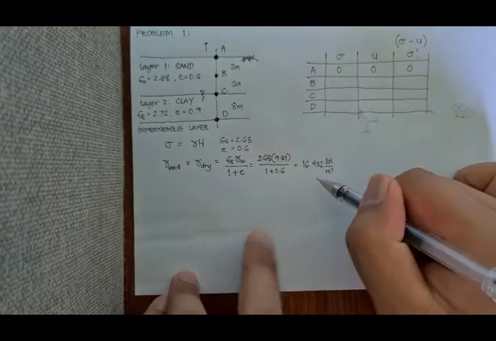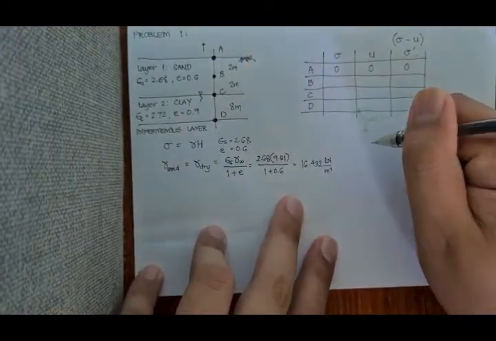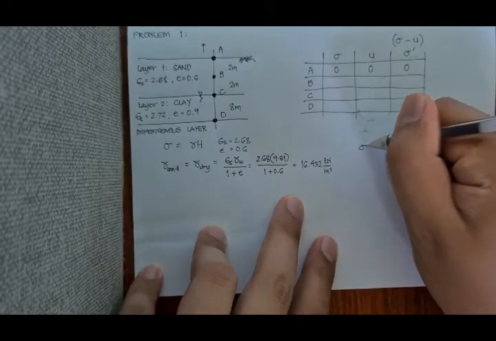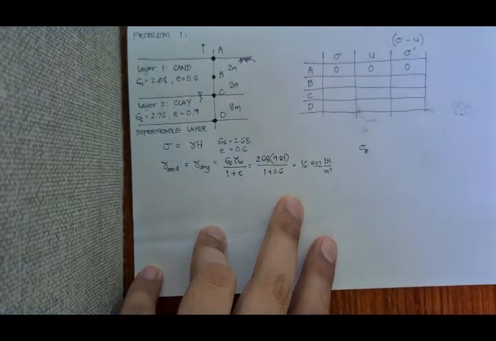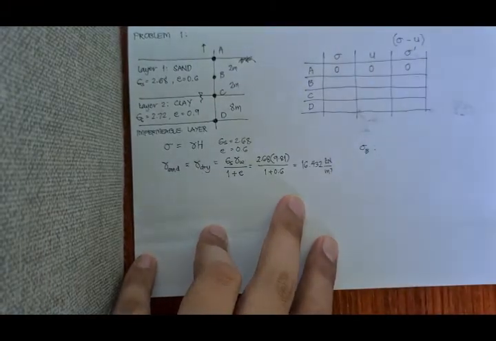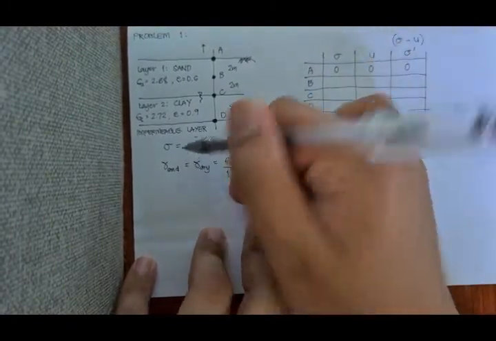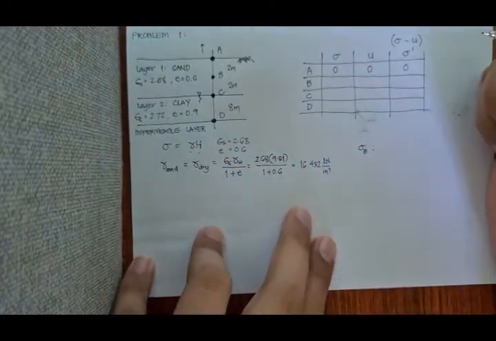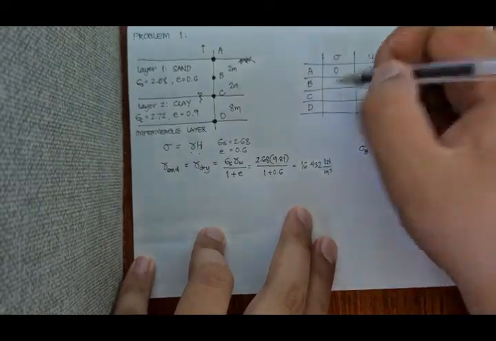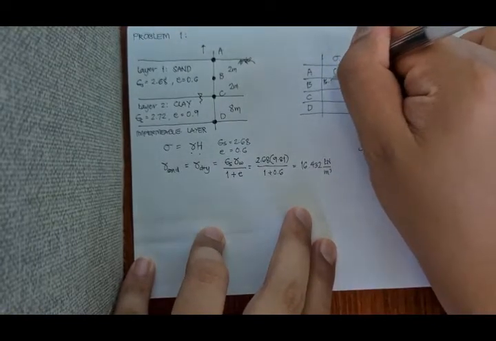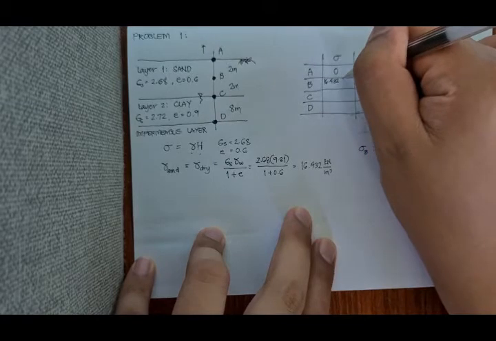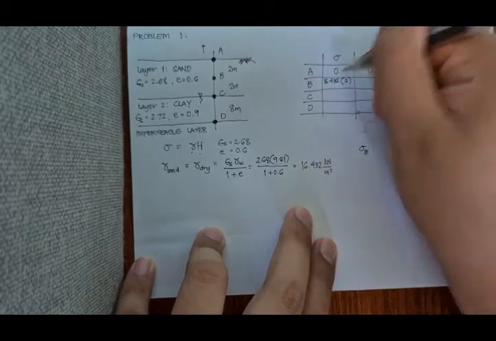So, kung meron na tayong dry unit weight, pwede na natin kuhanin yung total stress at point B. Paano natin kukuhanin yung total stress at point B? So, at point B, meron tayong gamma multiplied by height, wherein meron tayong 16.432 multiplied by 2.